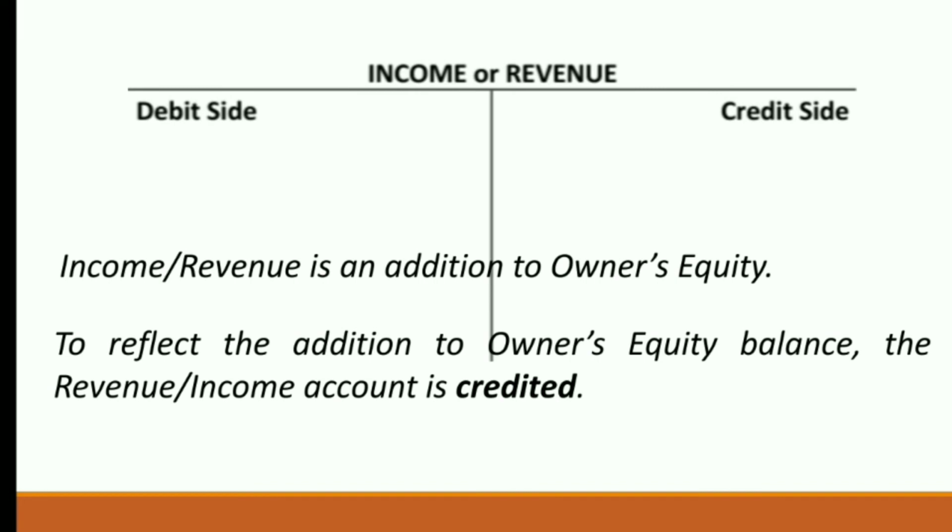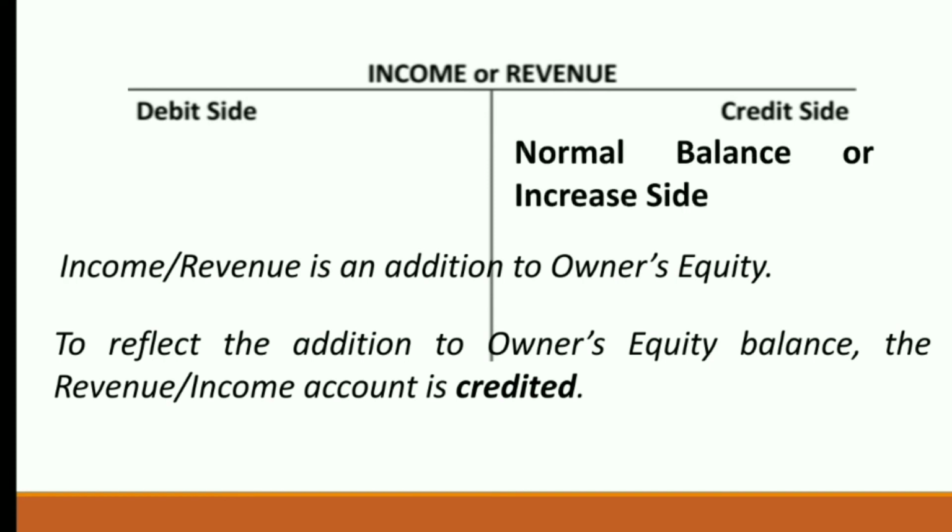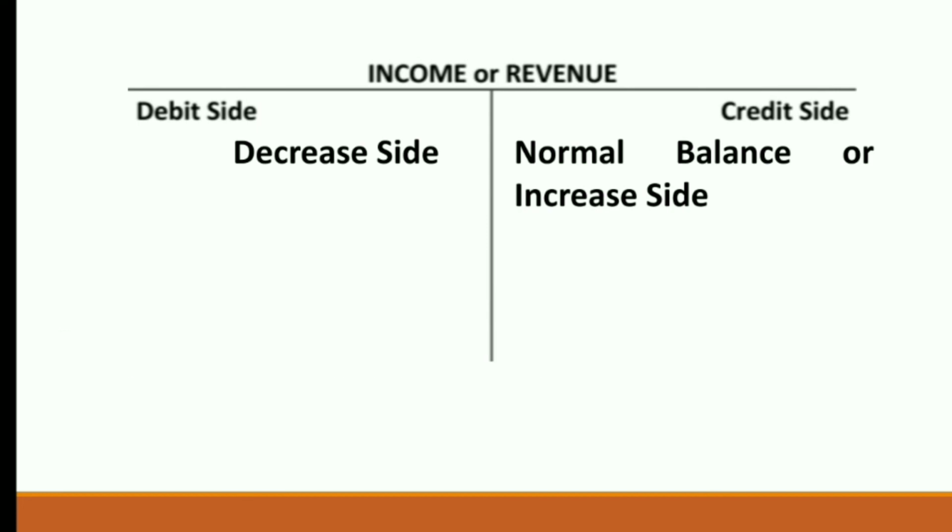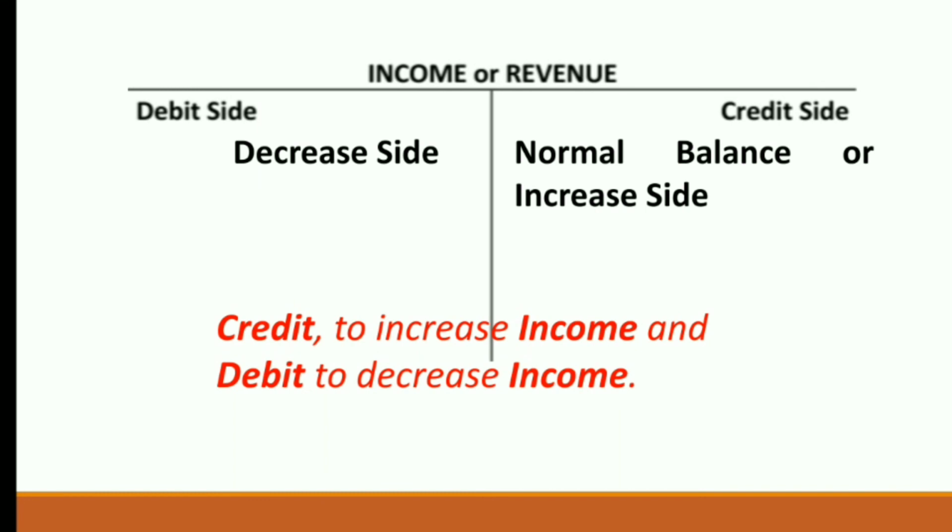So therefore, the normal balance or the increased side of the revenue or income is located at the credit side of the income or revenue account. And on its opposite side or the debit side is where the decreased side of the income or revenue is located. So we then say credit to increase income and debit to decrease income.